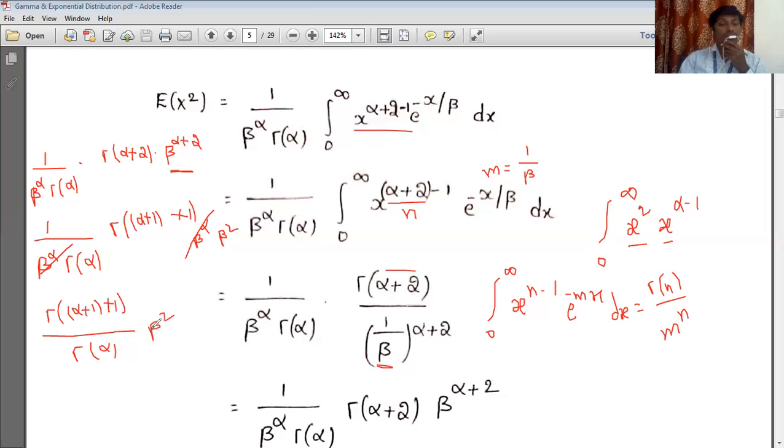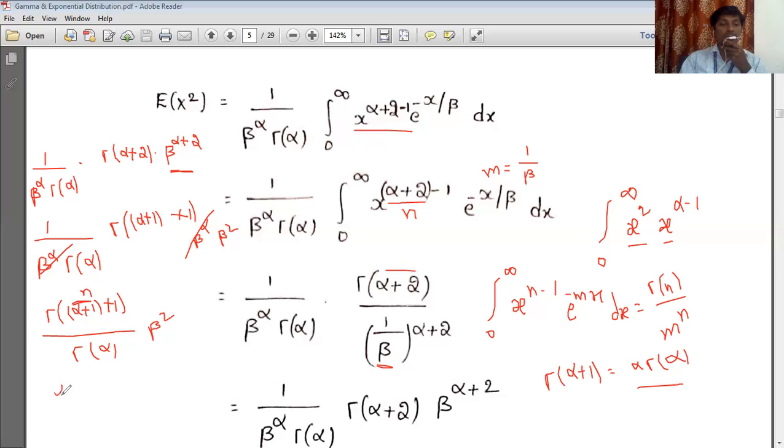Okay, and now we can simplify this one. Can you write this one using the same gamma function property? Gamma n plus 1 is equal to n into gamma n. If you observe this one, in place of alpha plus 1 you can take it as n. So gamma n plus 1 is nothing but n into gamma n.